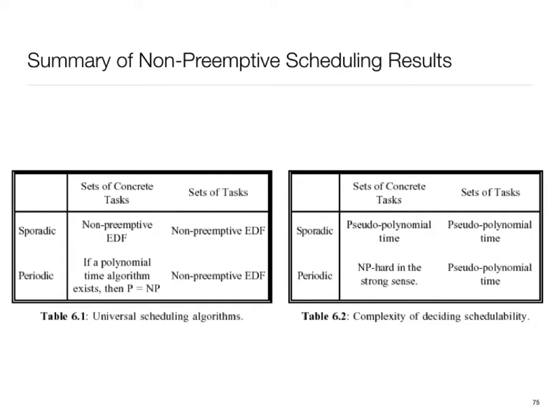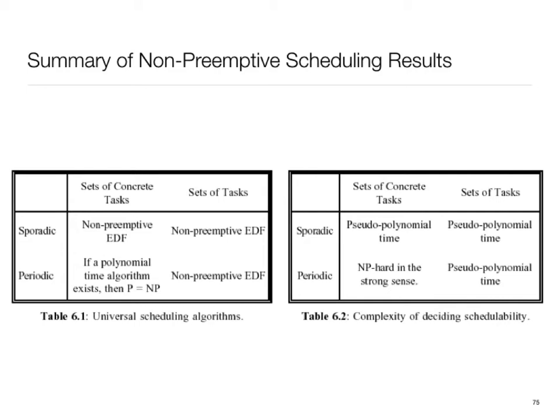So let me explain this table. We have a set of periodic tasks versus a set of sporadic, non-periodic tasks, where we don't know when the first task arrived, and then there is a concept of concrete tasks, where we know when the first task arrived so that we can predict upfront when every following task will arrive.